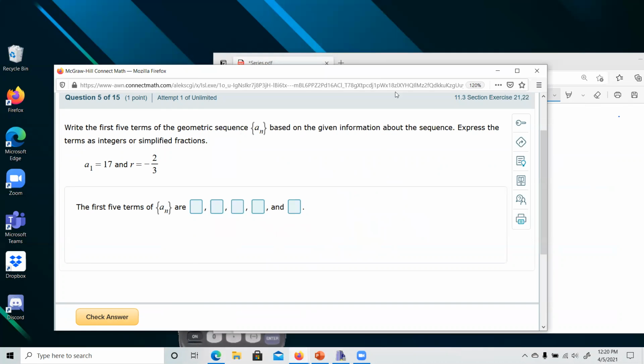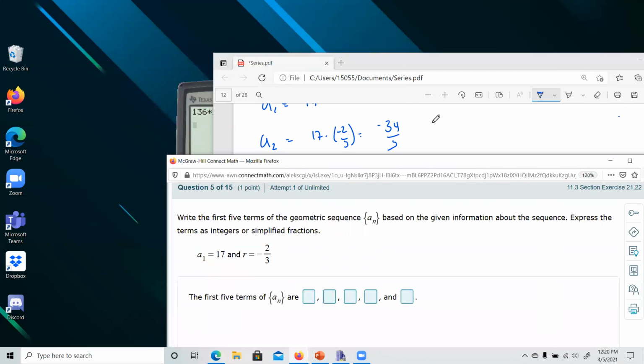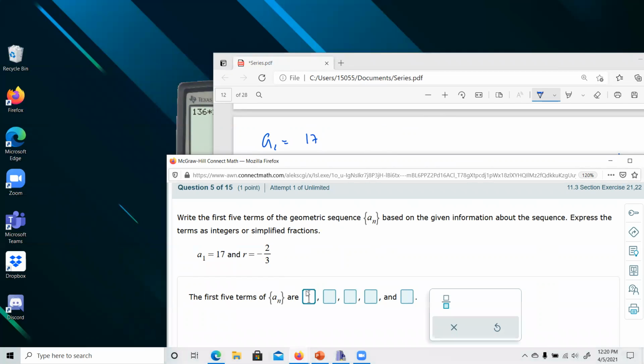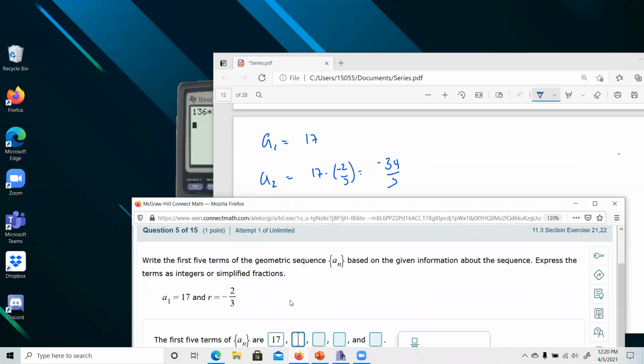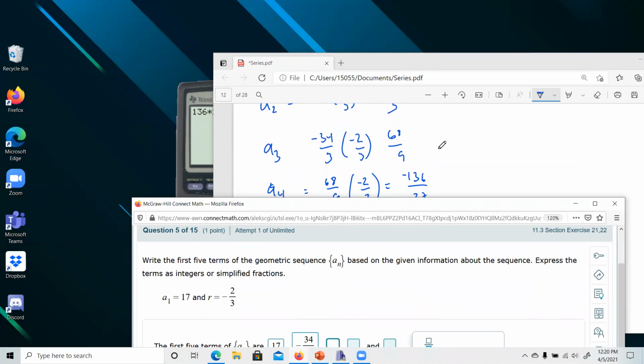So let's see all that, just to see whether or not 17 is the first number. Okay, 17, let's see, we have negative 34 thirds. We have 68 ninths. We have negative 136 over 27.